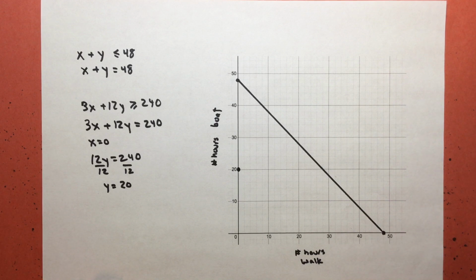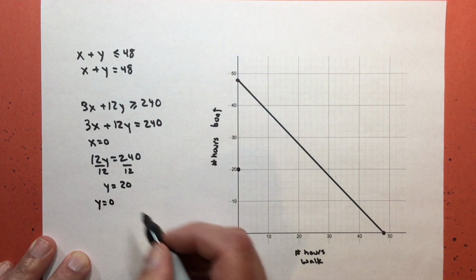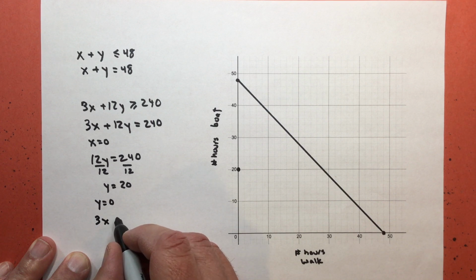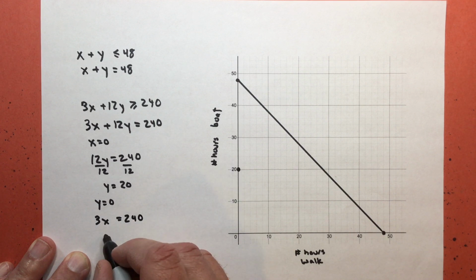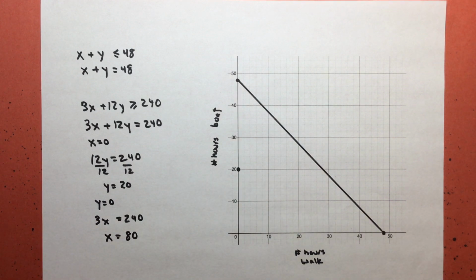There's something I forgot in the other problem. I'll do it when I get this one done. If I let y equal 0, I get 3x equals 240, and I get x equals 80. And I didn't make my graph big enough for that, but it'll be okay. We'll figure it out.